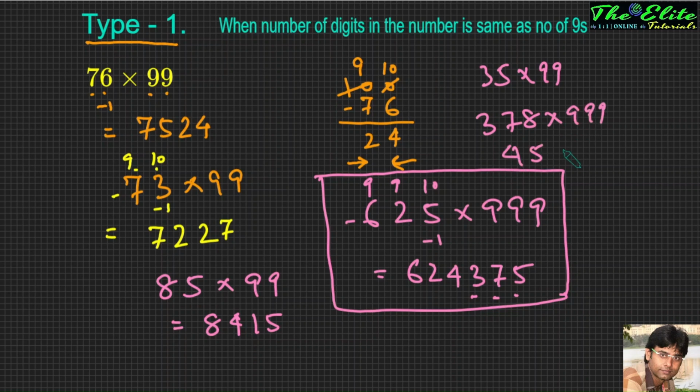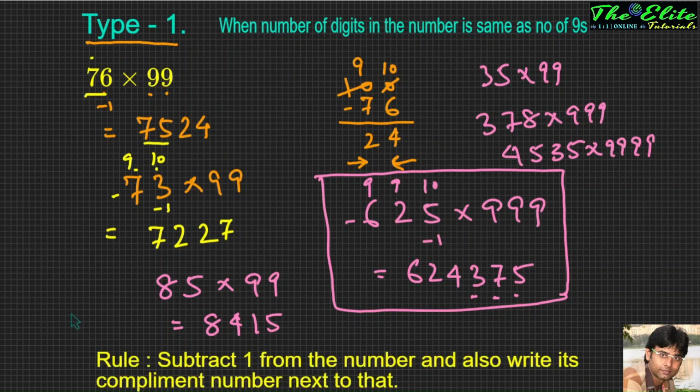These could be your questions, and you can find the answers if you follow the rule. The rule says subtract 1 from the number. Here, subtracting 1 from 76, you got 75, and also write its complement next to that, and next to that 24 was the complement of 76.